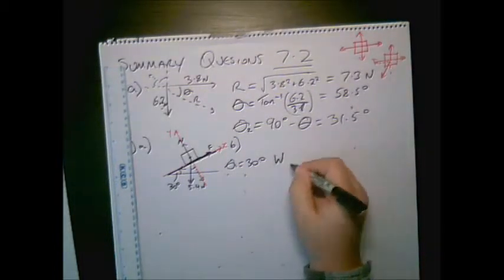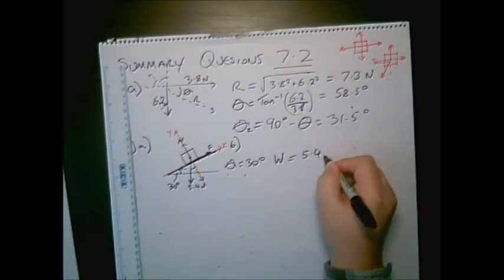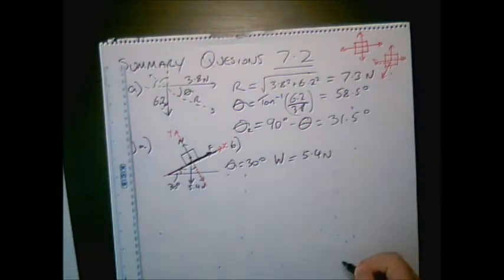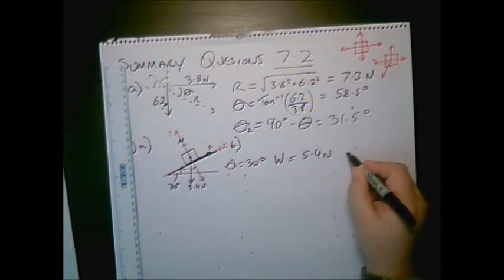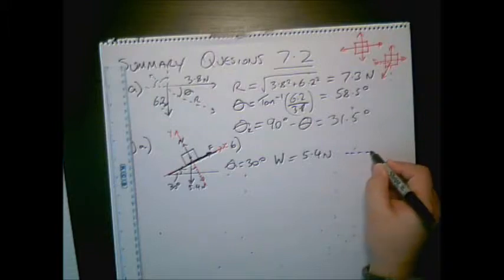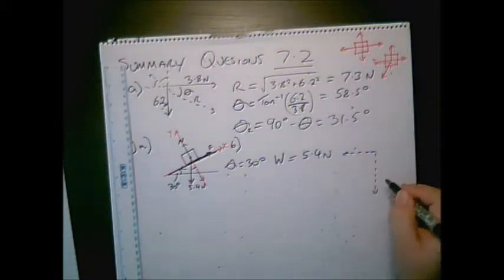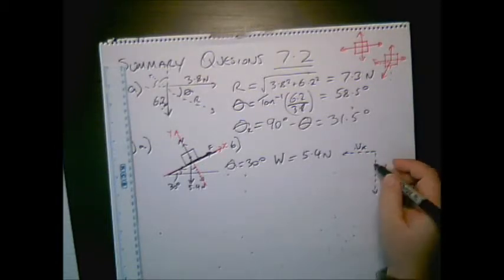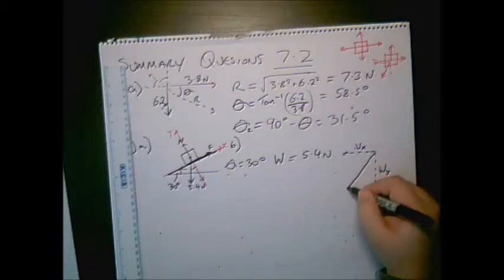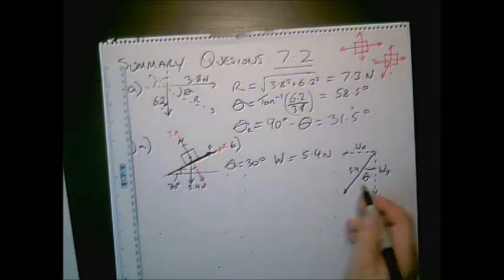And our W, our weight value, is going to be 5.4 newtons. And we end up with a triangle, a situation like this. We have our X and our Y, and our resultant, which we've already got, is 5.4, this being theta, and we now resolve.